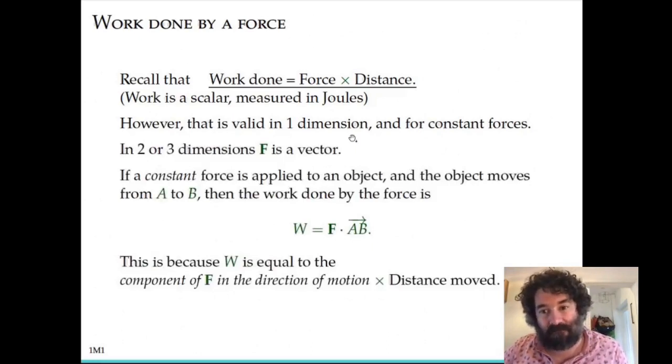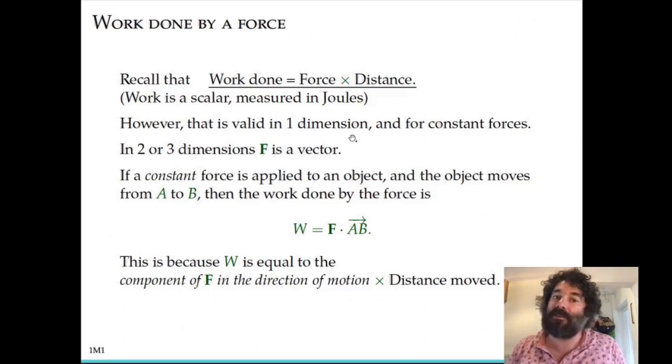But really, we want to consider objects moving in 2 or 3 dimensions, not necessarily along straight lines, and where the force might be varying with position. So we want to consider how we can calculate the work done by forces in such situations. So first let's consider just what happens if we have a constant force and we move between 2 points, A and B. Well, the work done is going to be equal to the dot product of the force vector with the displacement vector from A to B, as shown here.